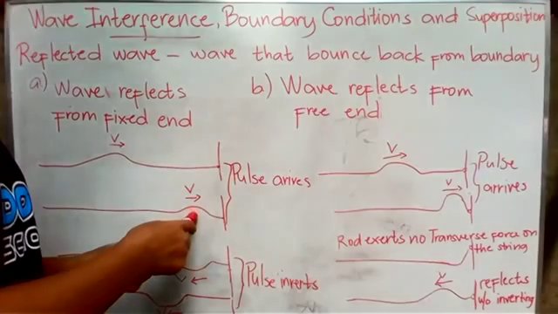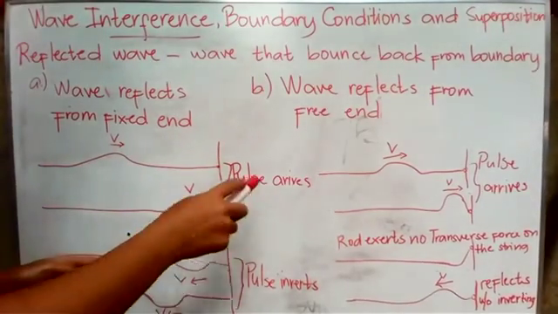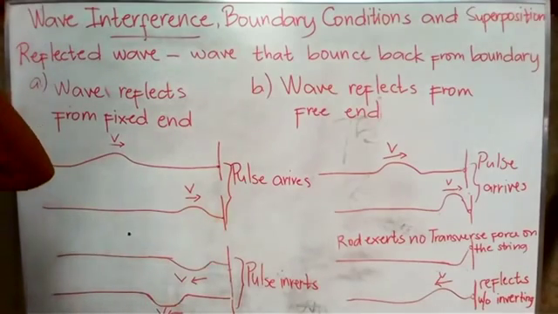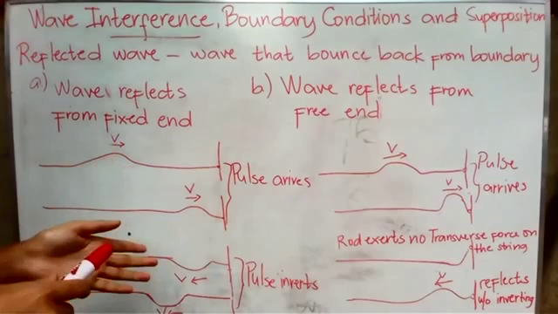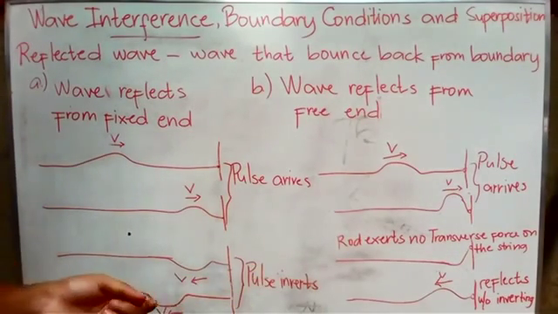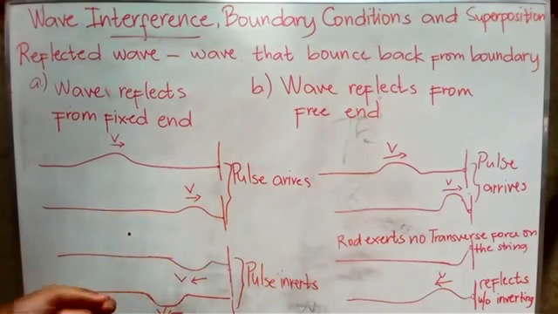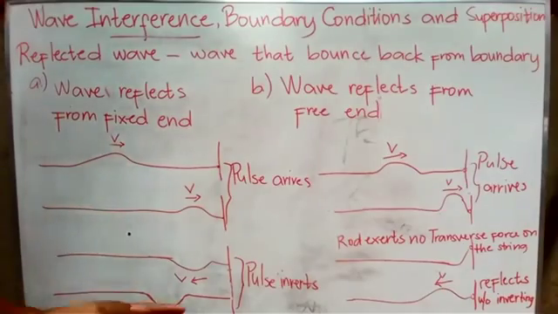The reaction to this force exerted by the support kicks back on the string, resulting in a reflected pulse. This pulse moves opposite to the initial pulse, and the displacement is also opposite.